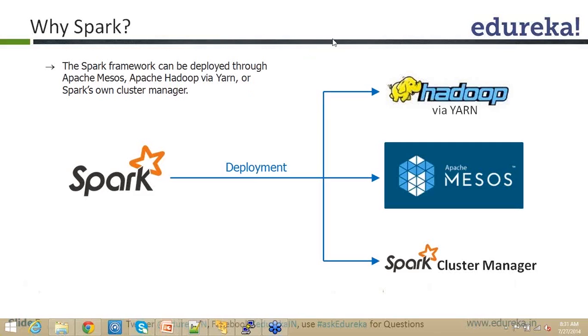Now, after knowing what exactly Spark is, when it comes to why Spark, with Spark you get a lot of flexibility. Typically in any presentation, be it Hadoop, Spark or Storm, you'll always see flexibility as their USP. It is no different with Spark.